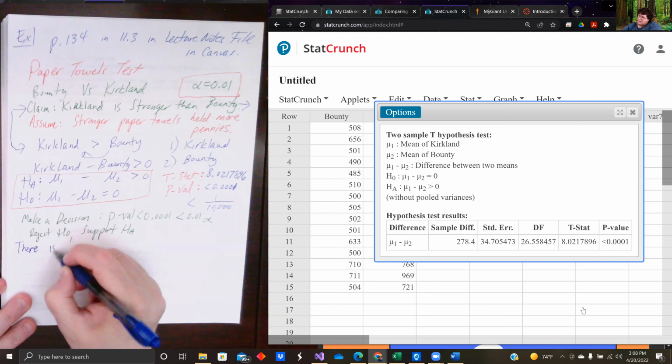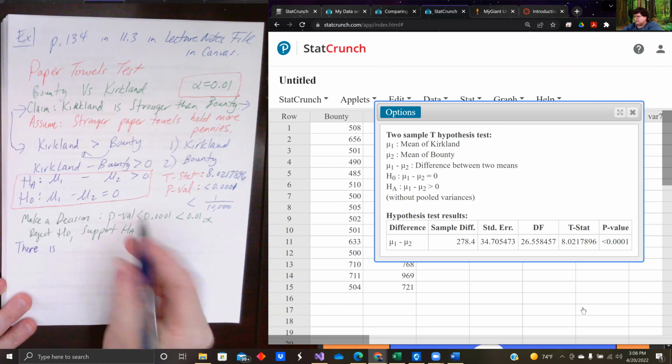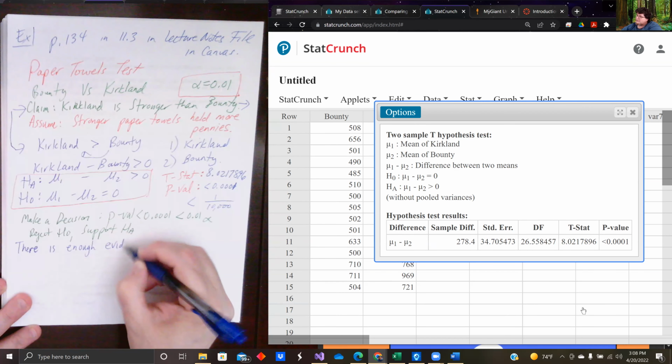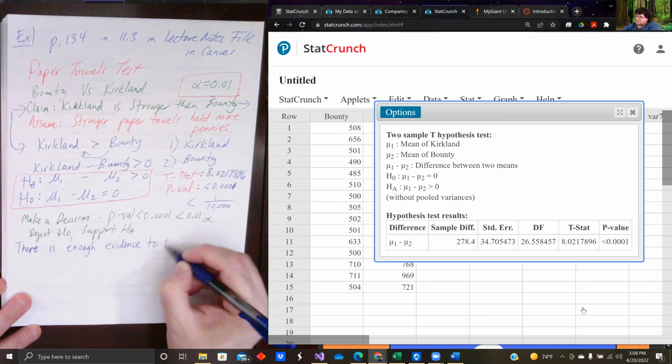I constantly say "sufficient," but you don't need to, as long as you put the right words. There is enough evidence. I'll change it this time. There's enough evidence to support the student's claim.